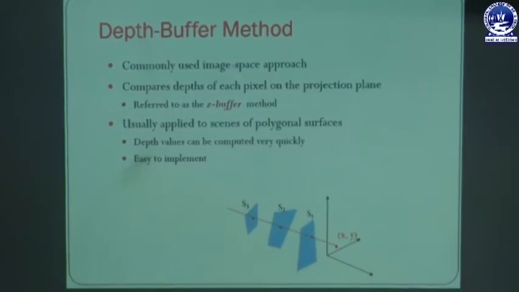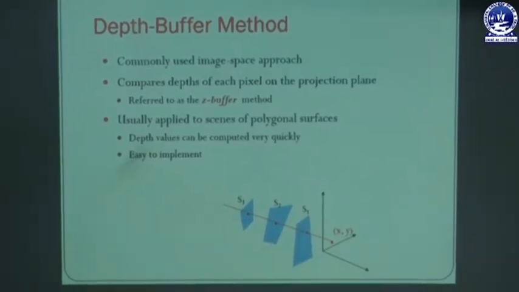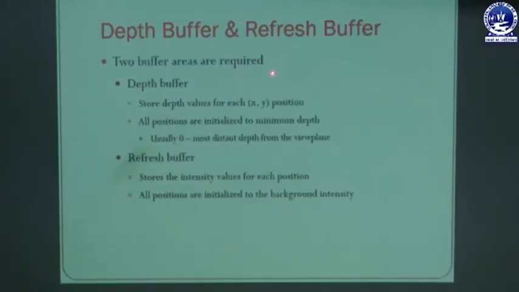So now we go to our next technique, that is the depth buffer method. In the depth buffer technique, it compares the surface depth at each pixel position on the projection plane. That means the object depth is usually measured from the view plane along the z-axis of the viewing system, and after that it requires 2 buffers.